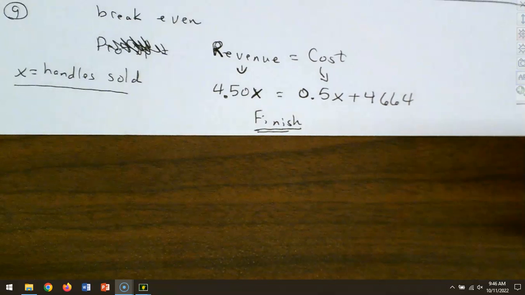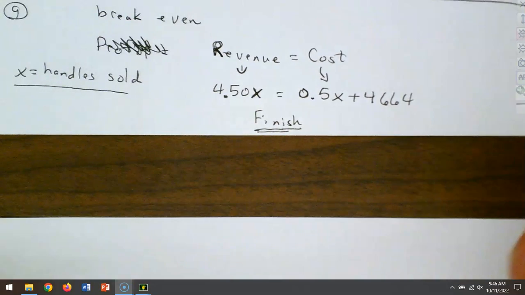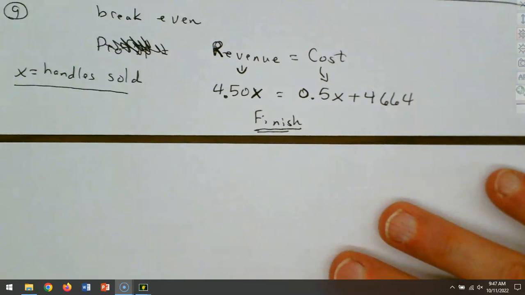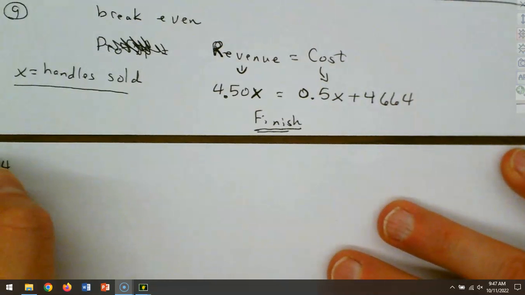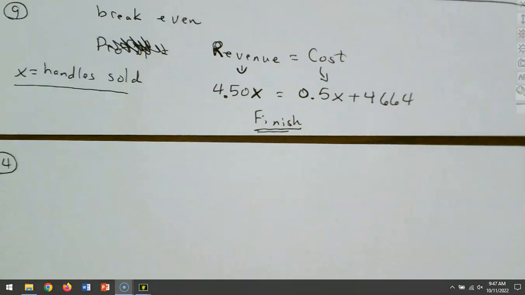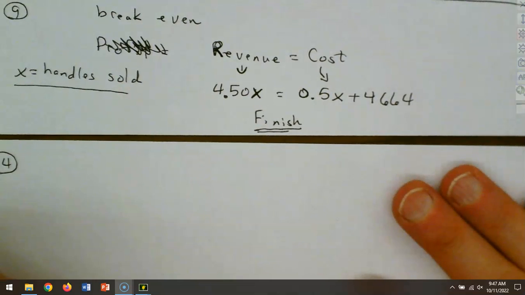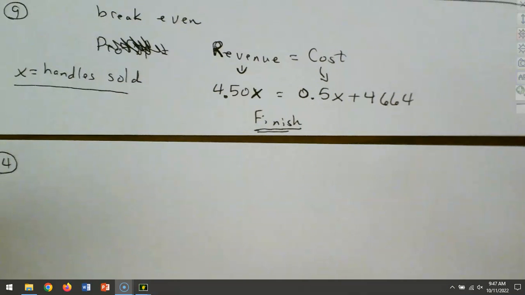We've got 2 more to look at. So we're now going to look at question 14 and then question 15. Okay, question 14. I didn't give you any place to graph it.